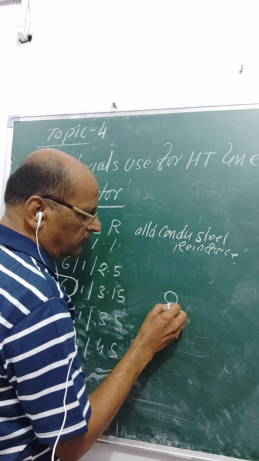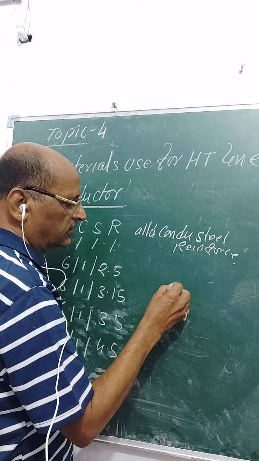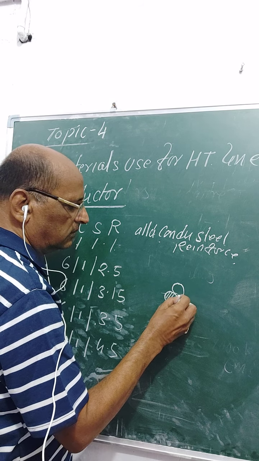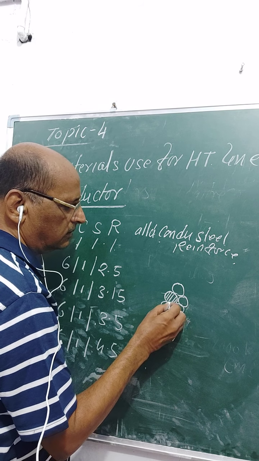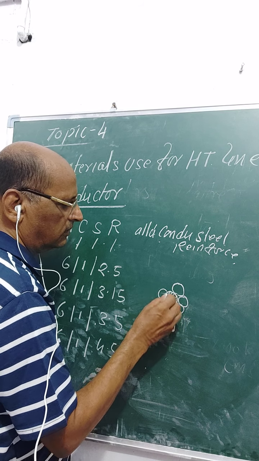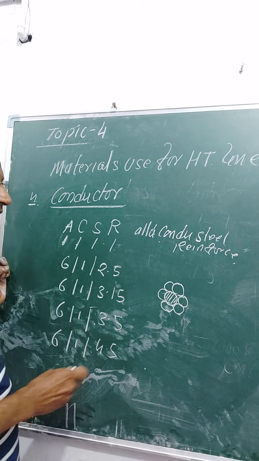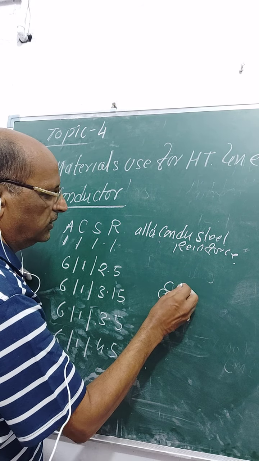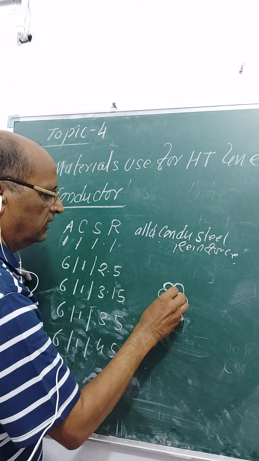The center one is a steel wire, and over this 6 wire is of aluminum. So this is called ACSR, the 6 wire of aluminum and one is of steel.